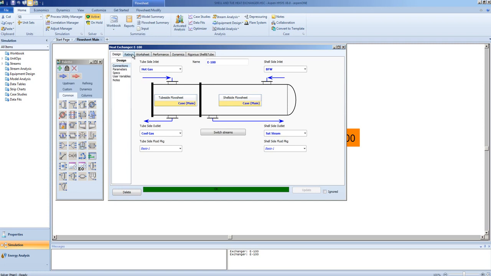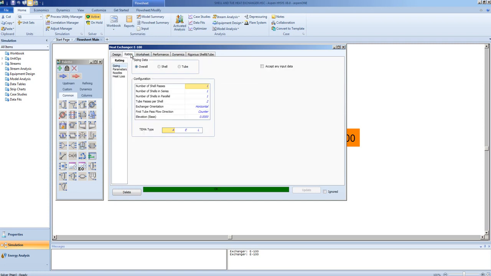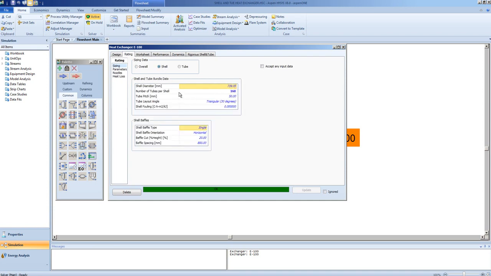You will notice now that under the rating sheet we will be able to find the information loaded for the rigorous model: the number of shells in series being 1, the number of shells in parallel being 1, and 2 tube passes per shell, the first tube pass being counter current. By clicking on the shell icon, we can see the shell diameter in millimeters.